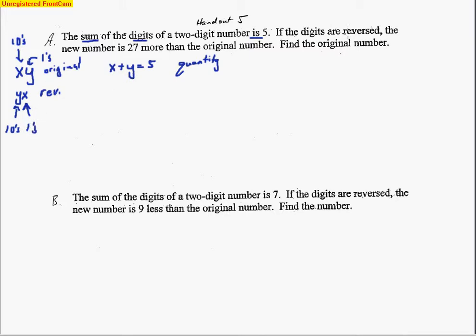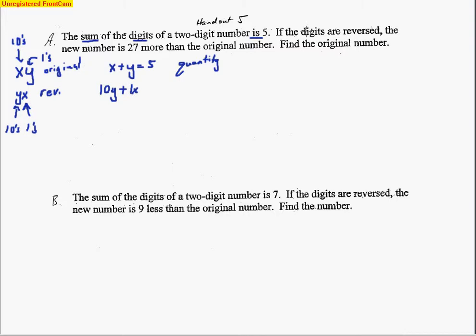Let's write out the value of that. 10y, because 10 is the y's place, and we multiply the value of y, like if y were a 4, times 10, that would be 40. And then we have plus 1x, because the x is in the ones place now.